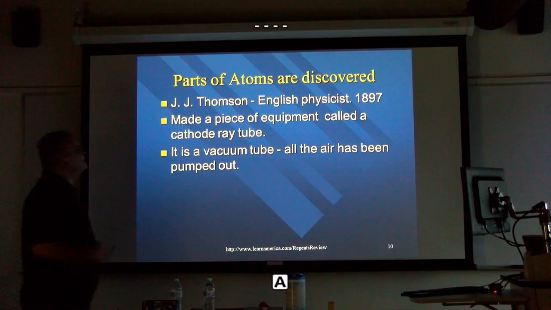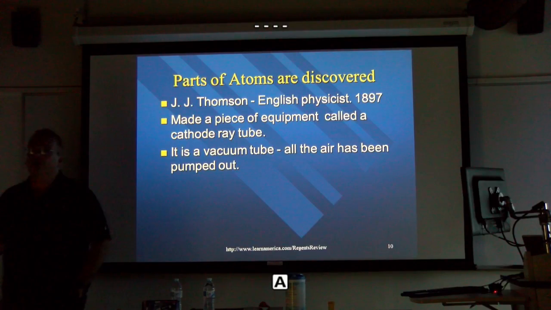Dalton, Proust, and Lavoisier were chemists and scientists and physicists because they experimented in order to come up with their hypothesis and their theories. So what J.J. Thomson did, he gets credit as the father of the electron. What he did was a very interesting experiment. He created a tube that basically had nothing in it, a vacuum tube.